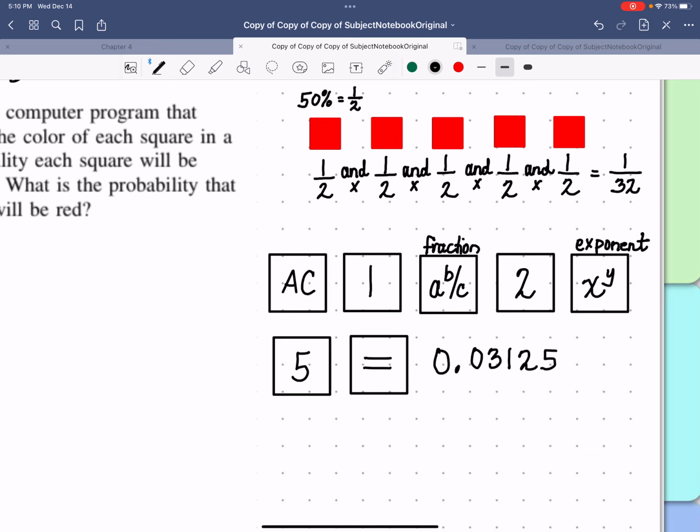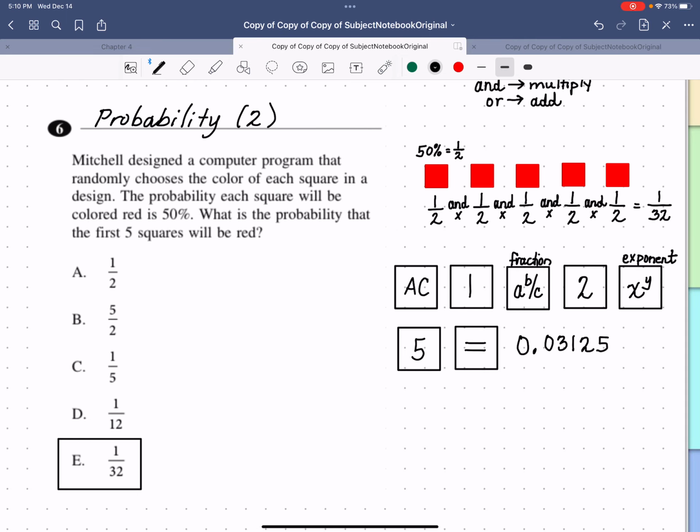What you can do, however, is test your choices. You know that 1/2 is the same as 0.5. You can do this on the calculator. 5 divided by 2 is 2.5. 1 divided by 5 is 0.2.